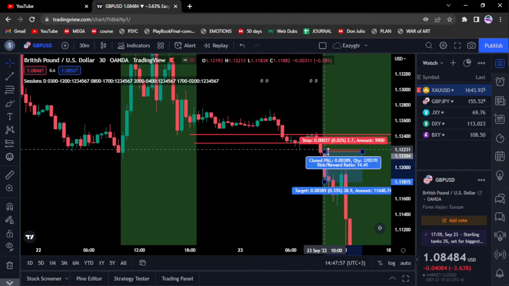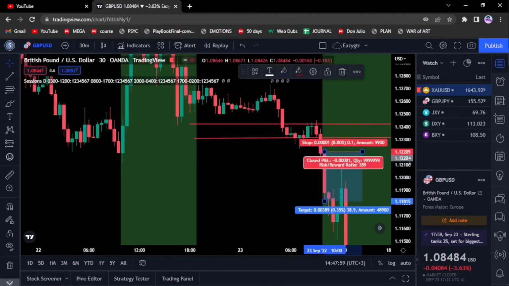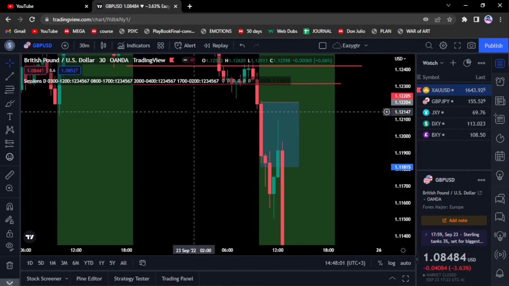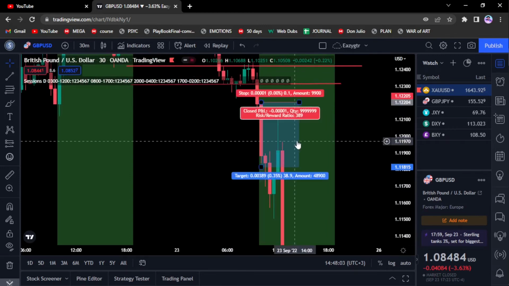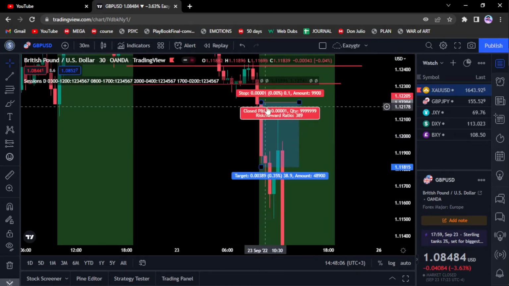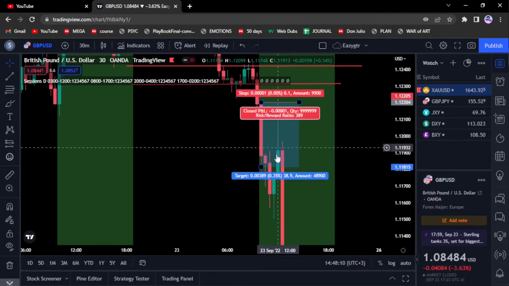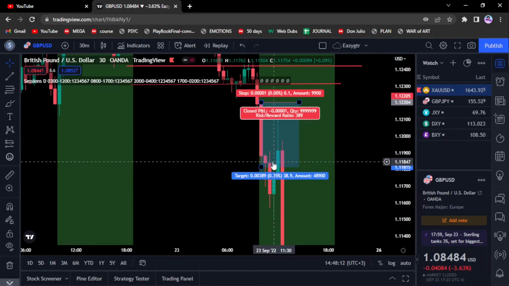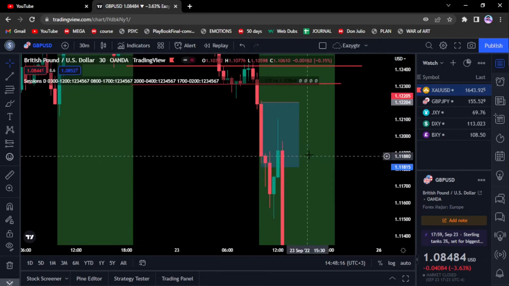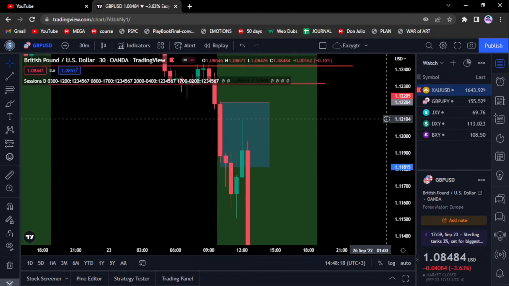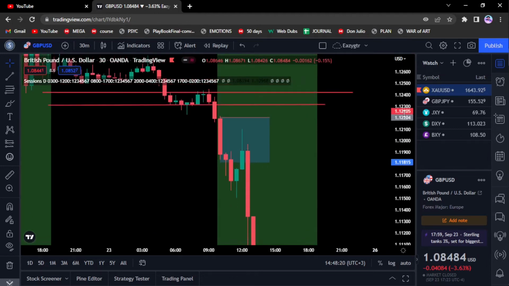Mind you, we brought our stops to break even once it moved at least 6 to 10 pips into profit. As you can see, this trade worked out beautifully. If you risked 1%, you basically made 2%, and as you know, these challenges need you to make 8% to pass, so you only need a few trades a day. That's why I keep it to 1 or 2 trades a day. You don't want to overtrade.